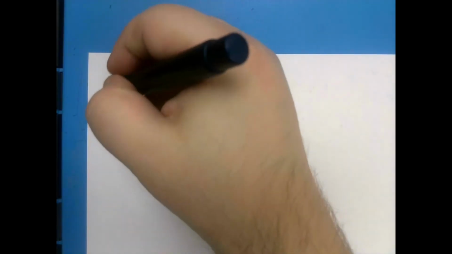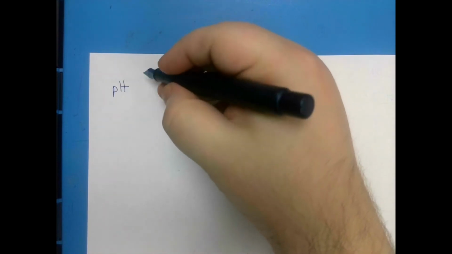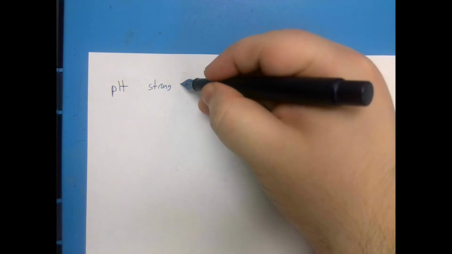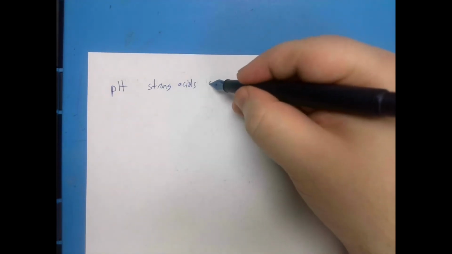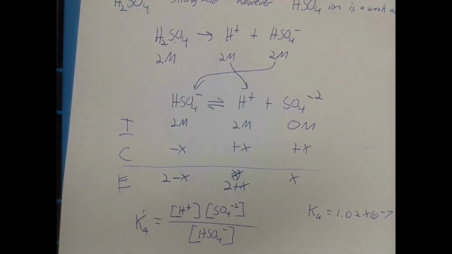So on the test, I'm only going to do mainly pH of strong acids and strong bases. I think I will have one weak acid, but it will be a weak acid where you don't have to chain it. It's complicated when you chain it, and I will make it to where you can approximate it.